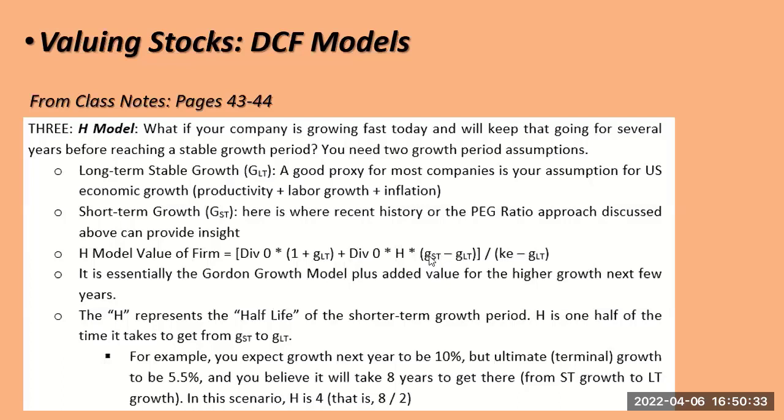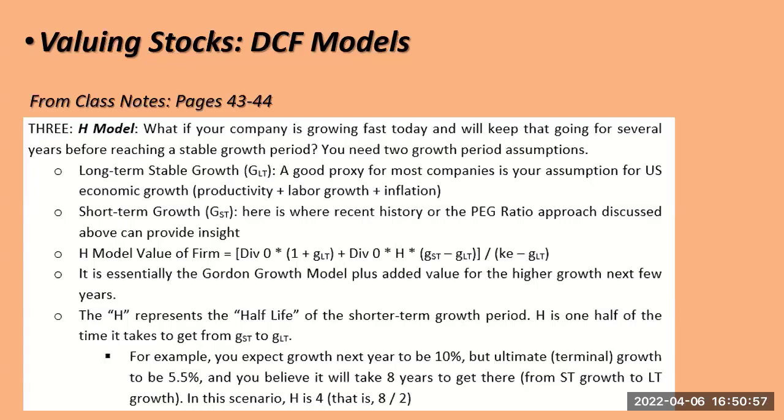Essentially what the H model says is next year you'll be at your short-term growth rate, and over H times 2 years. So if your H is 5, over the next 10 years, you go from the short-term growth rate to the long-term growth rate in this kind of glide-down path. That's what the H model is saying. Seems pretty logical to me.